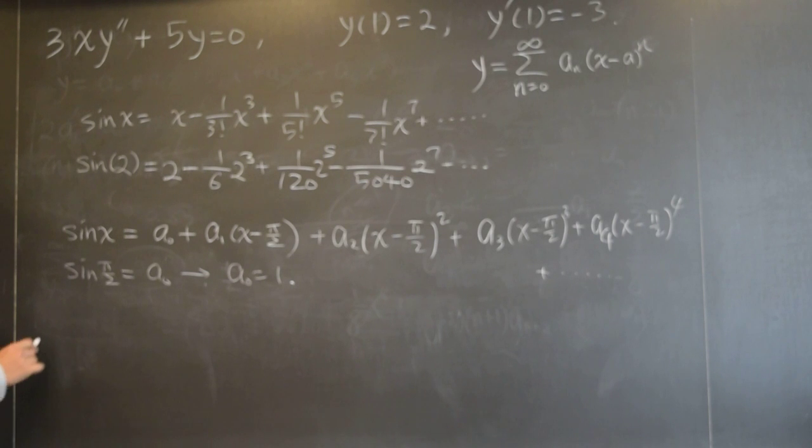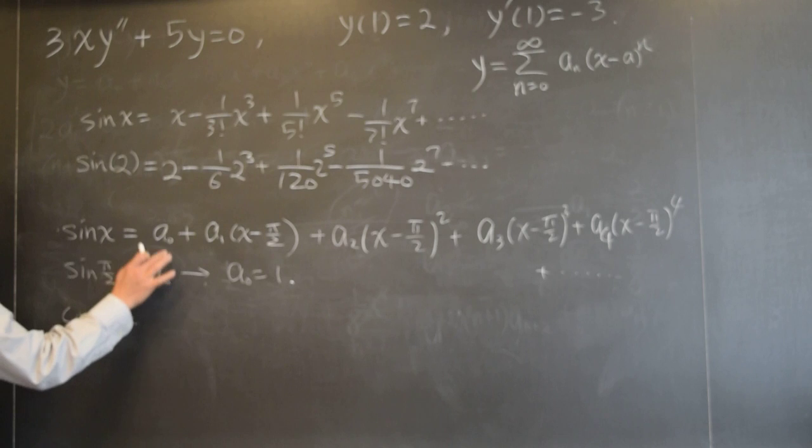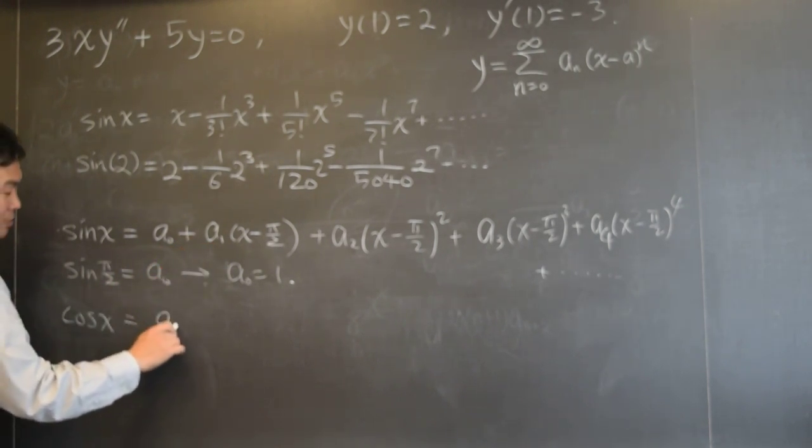Okay. Now, how would you find a1? You differentiate both sides, right? So cosine x. This will go away. This will be a1 by itself.